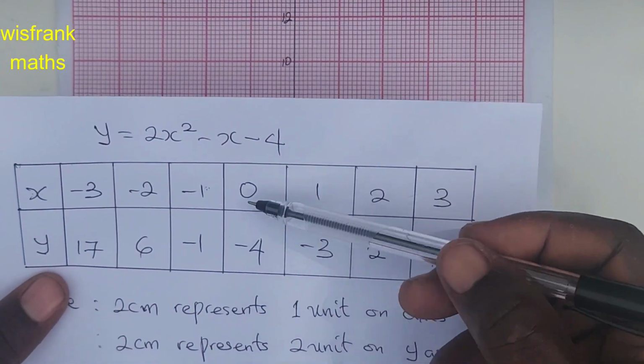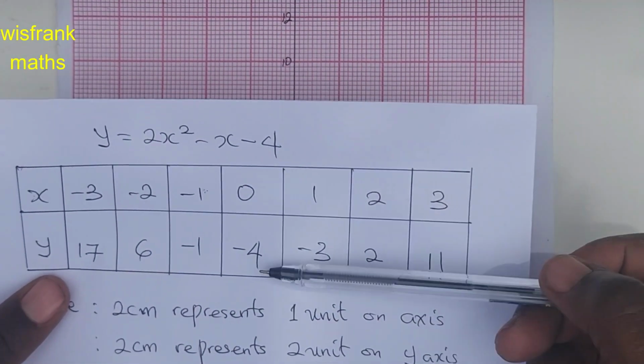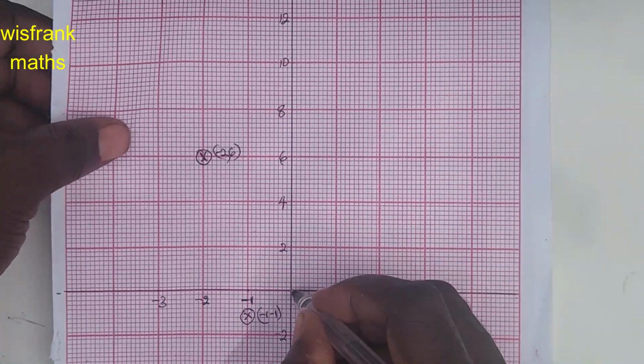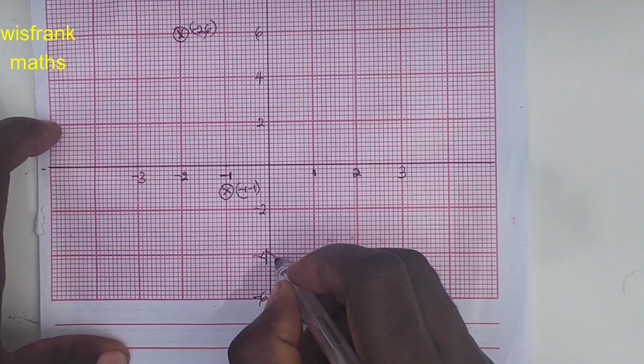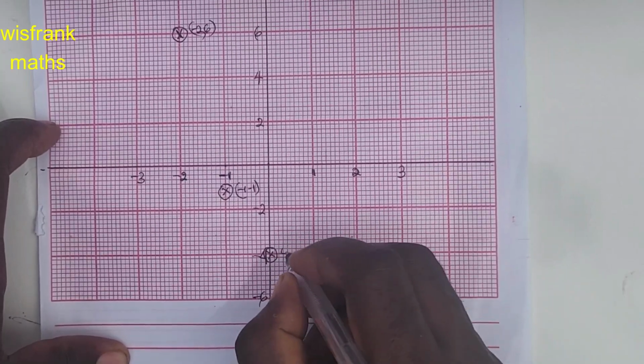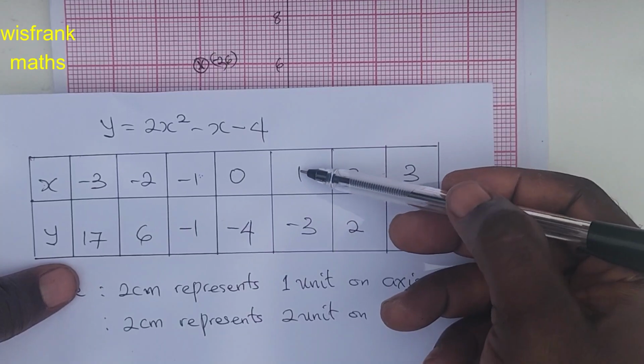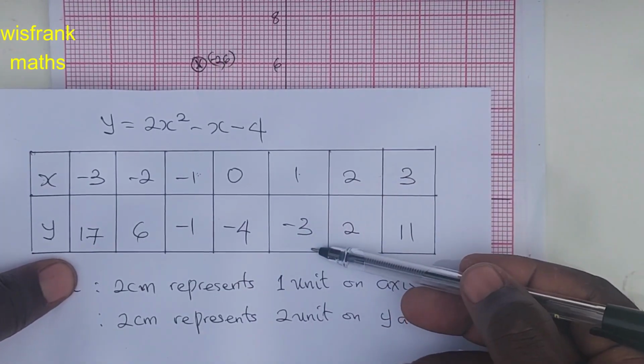So the fourth point, we have 0 on the x-axis and -4 on the y-axis. So this is the point, 0 and -4. The next point, we have x-axis as 1 and y-axis as -3.